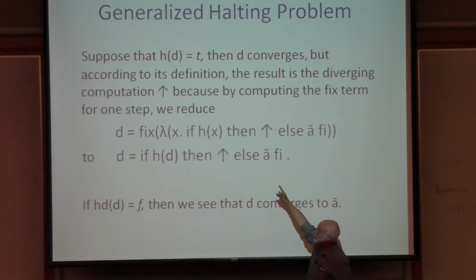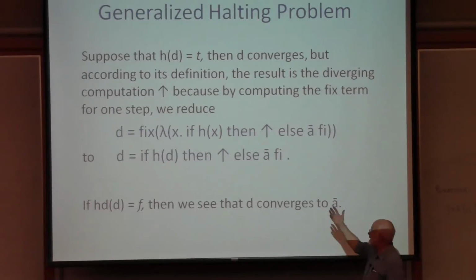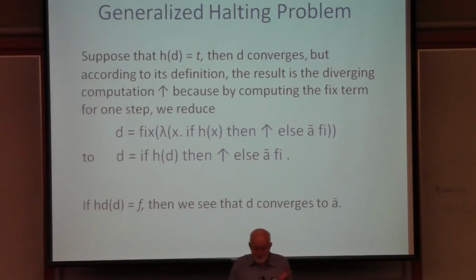That's what it says in that line. If H of D is false, it's going to converge. So now you can easily argue that H of D can't have either one of those values. It can't be true, because if it's true, it says the thing converges, but it diverges. And if it's false, it says it diverges when it converges. So you can't have this function H. And there's the whole argument.